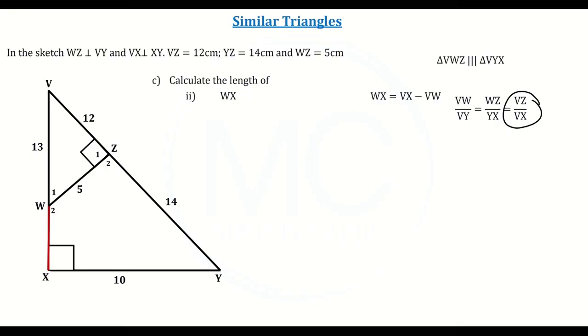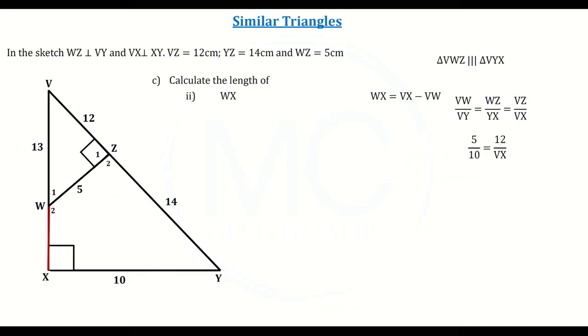We know that WZ is 5 centimeters, and we've just found the length of the corresponding side YX is 10 centimeters. So let's use these two fractions. We can say 5 over 10 is equal to the length of VZ, 12, over the length we need to find. Let's call it VX for now. 5 and 10 are both divisible by 5.